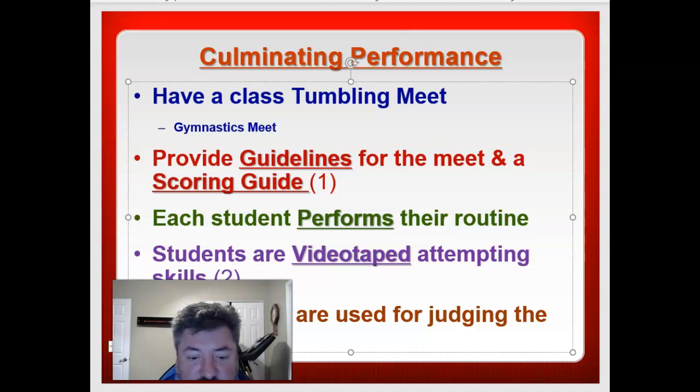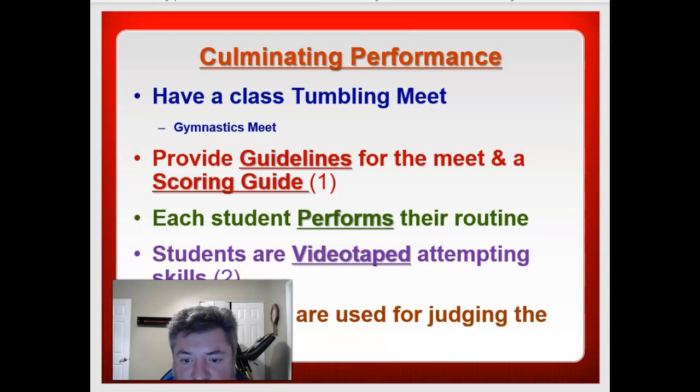So use the top 2 or 3 scores. You might do this. You'll take your team score. We have 5 people on a team. We're going to take the top 3 scores, add them together, and make an average. Or you could eliminate the top score and the bottom score, take the middle 3 scores and have an average. All right, there's a lot of different ways you can count your team scores in this.